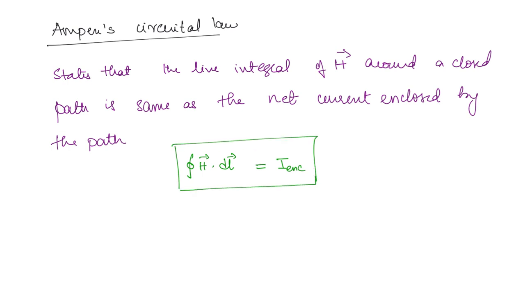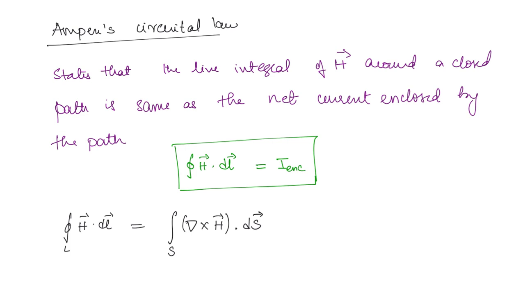Now using the Stokes theorem, we can convert a line integral to a surface integral, right? So here the closed line integral of H bar dot dl bar can be converted to a surface integral of del cross H bar, what is this? It is the curl of H bar, dot ds bar. Okay.